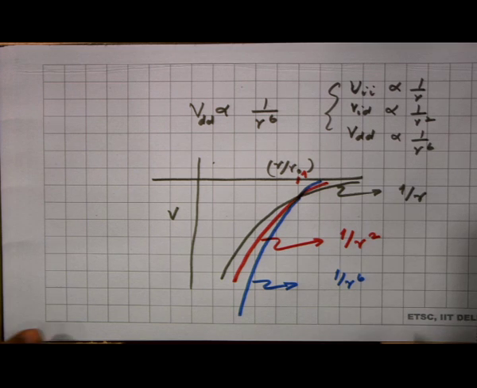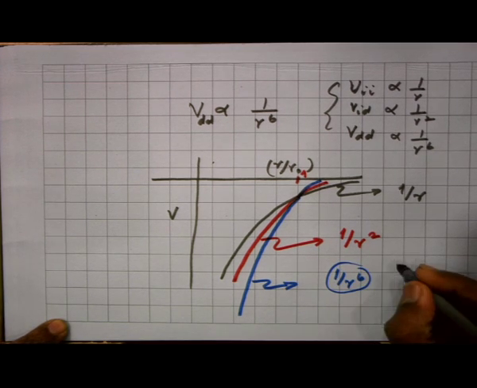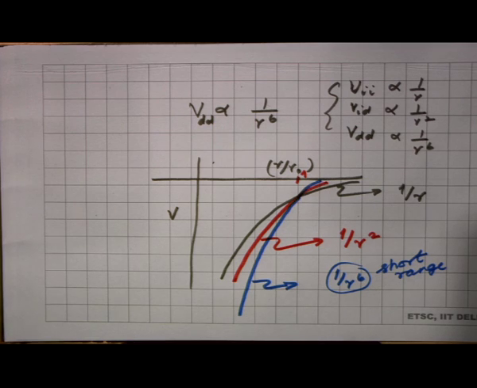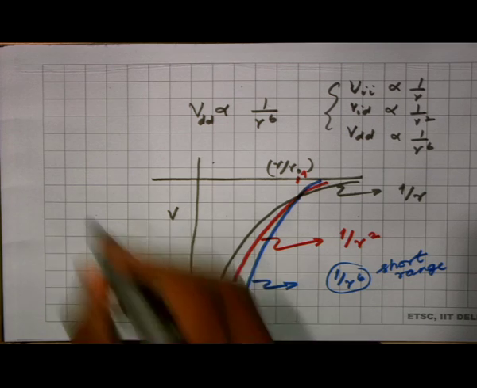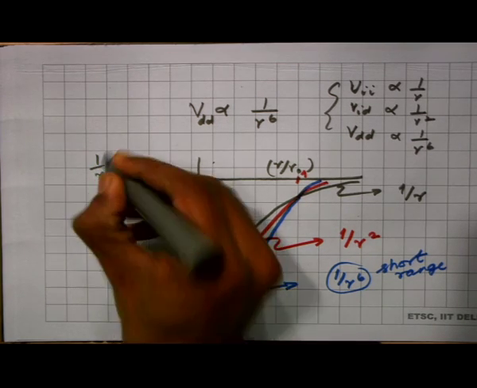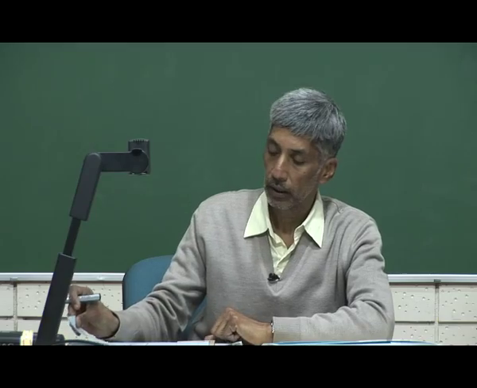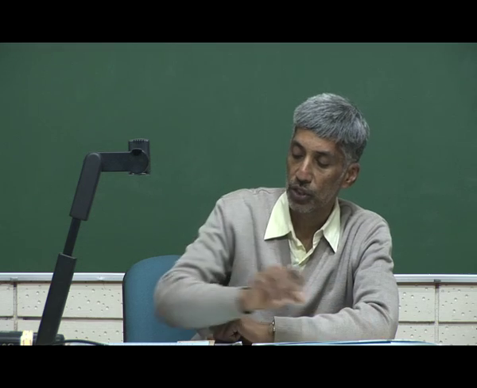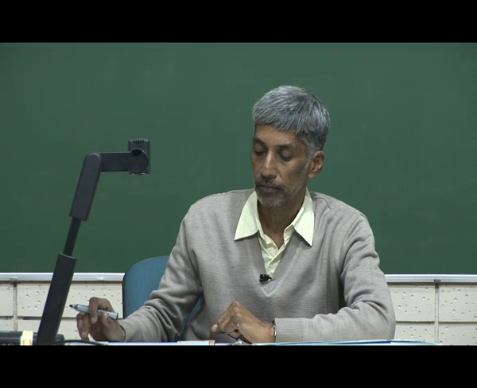So, which means that this is even more short range. So, the dipole-dipole interaction goes as 1 over r to the 6. And there are many instances where you see dipole-dipole interaction.